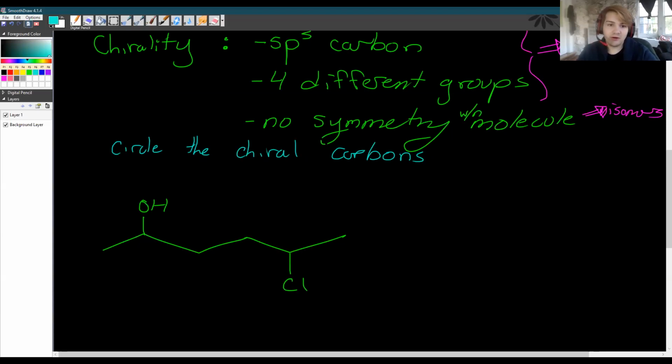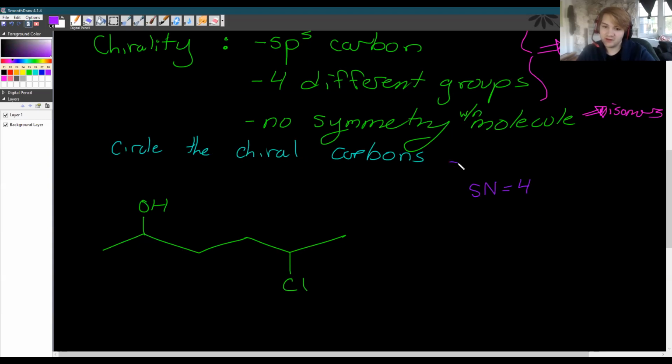And so we go through our criteria. We look for sp3 hybridized carbons, which we know are ones that have 4 bonds, because we know from last test, we learned about the steric number. To be sp3, you need to have a steric number of 4.